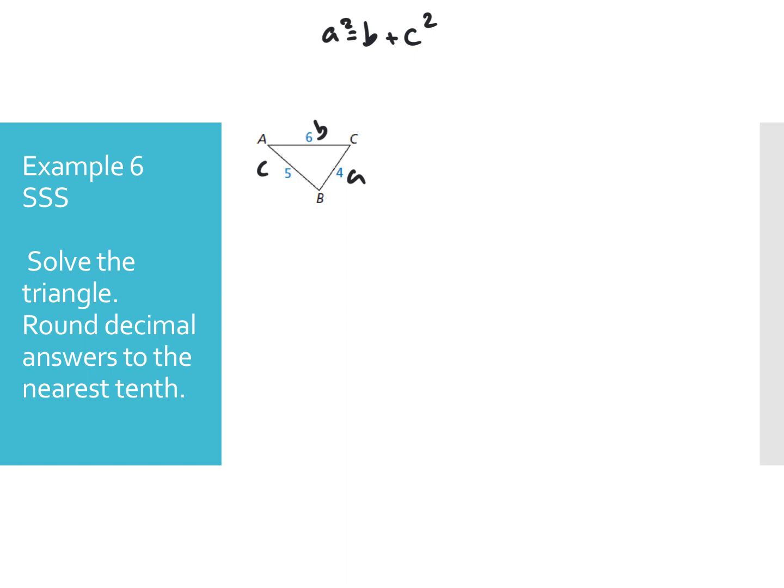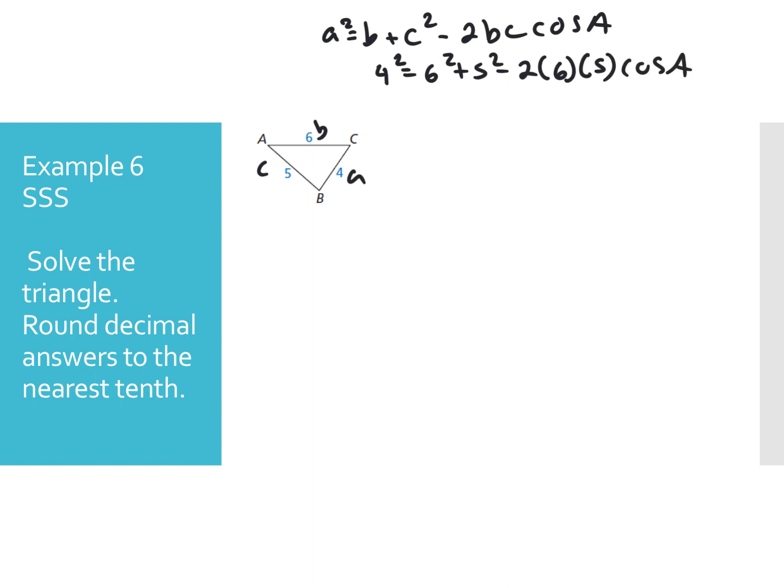It won't let me write the square for the B, but the B is also squared. Minus 2BC cosine A. So I'm going to get 4 squared equals 6 squared plus 5 squared minus 2 times 6 times 5 cosine A.